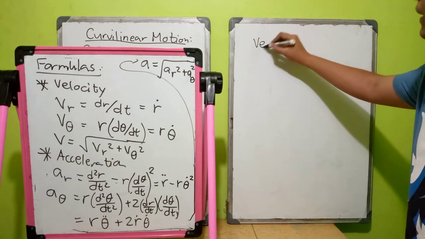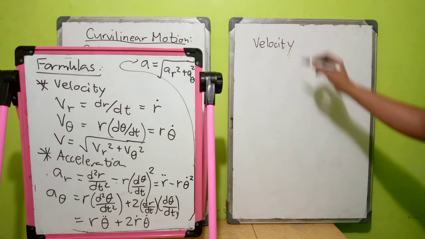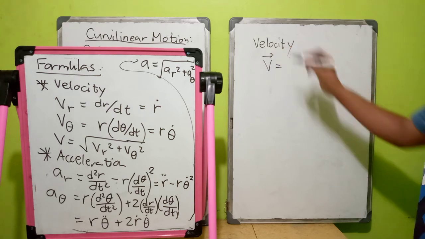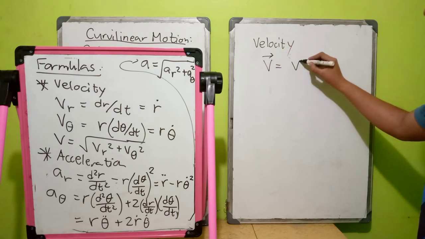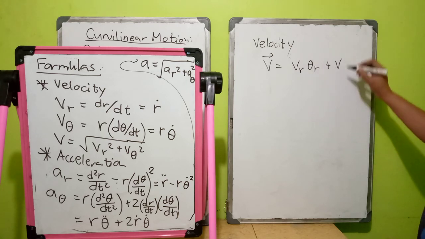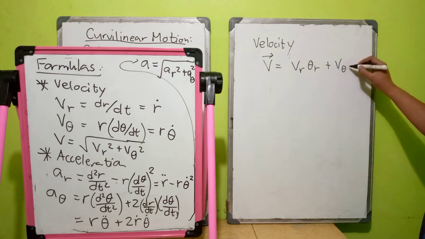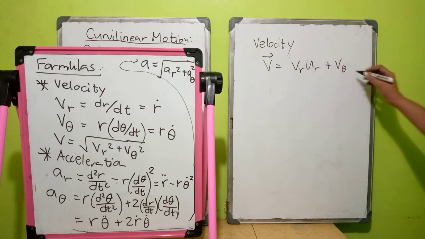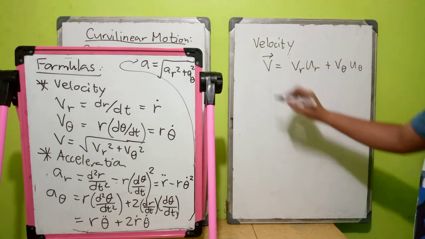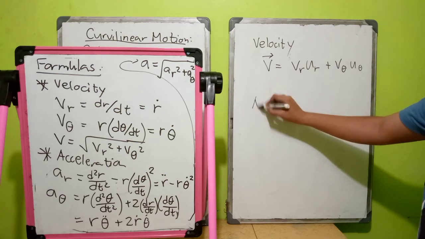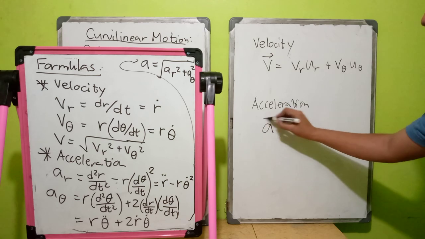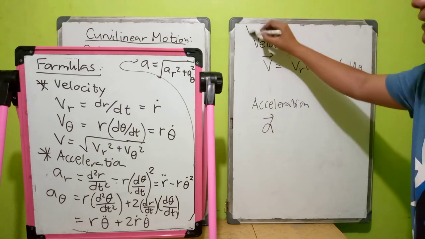For velocity in vector form, your v is equivalent to vr ur plus v theta u theta. This is in vector components.